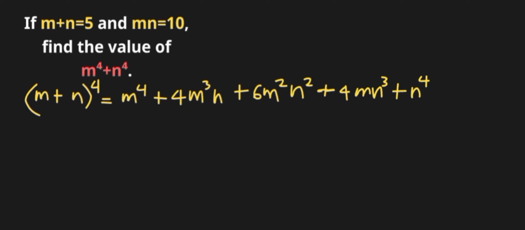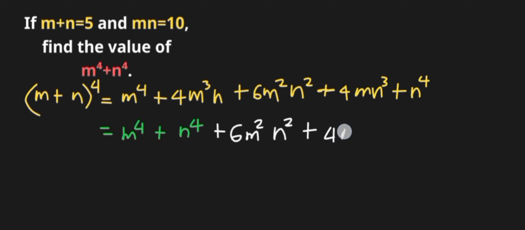So from this expansion, we can already extract m to the power of 4 plus n to the power of 4 plus 6m squared n squared, then plus those having coefficients of 4, 4m raised to power 3n plus 4m n raised to power 3.